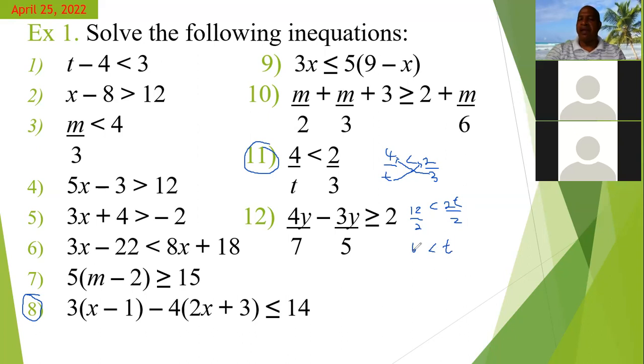But while we are flipping around this, we have to flip around the sign too as well. So now we can say t, we flip around the sign, and put this 6 on this side. All right. Any question, guys? And that would be it.